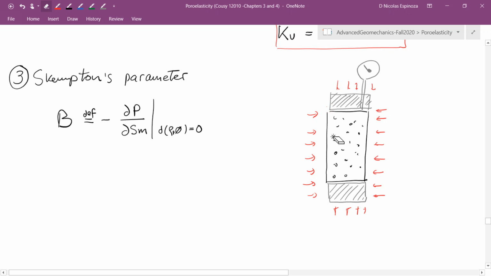Let me delete this line. I'm going to redraw this again. But here we have a membrane that goes around the rock, so we don't have communication between the confining fluid and the pore fluid.